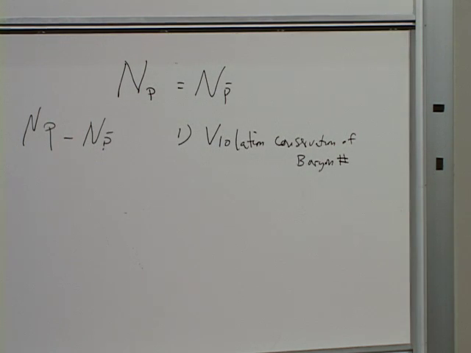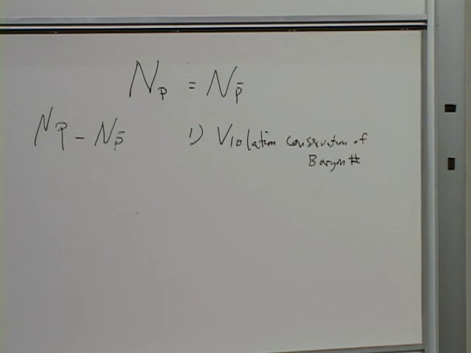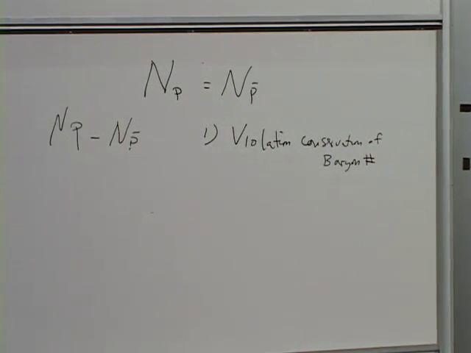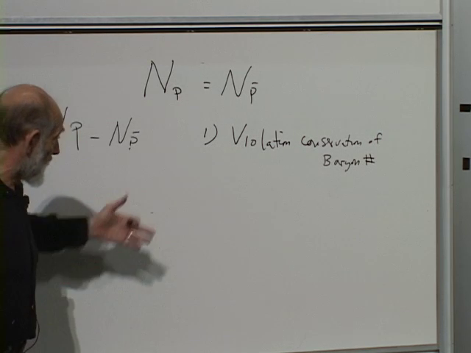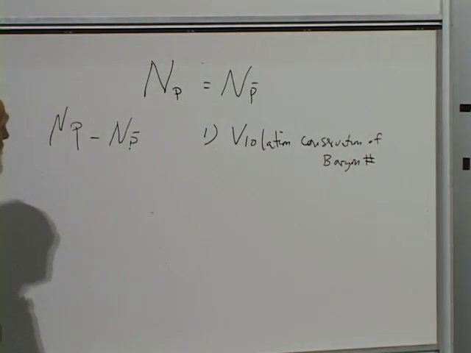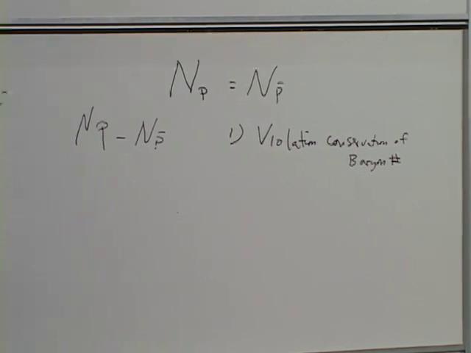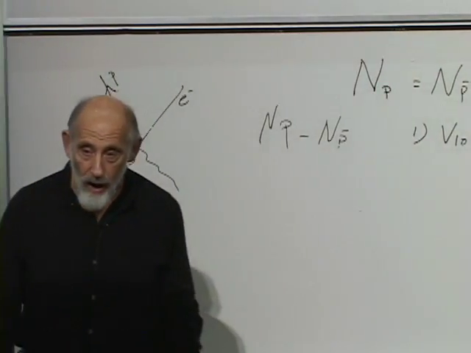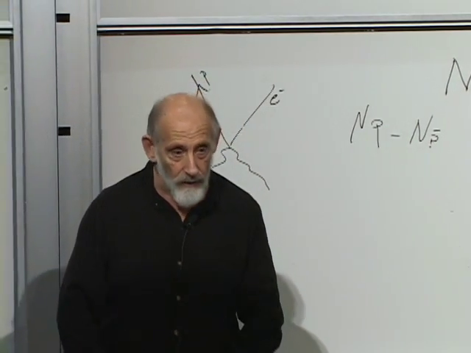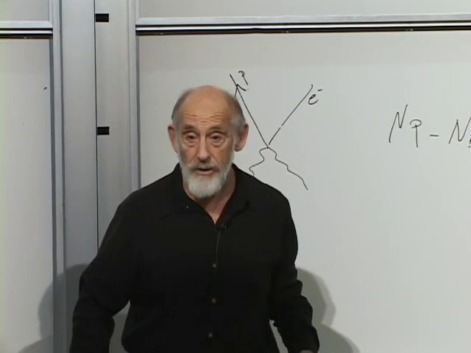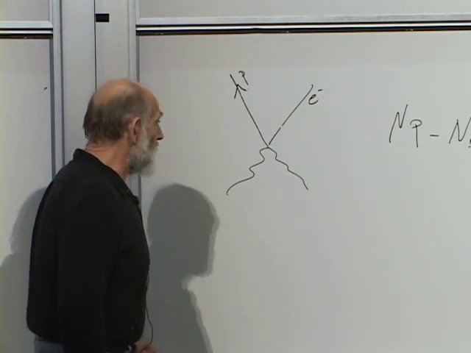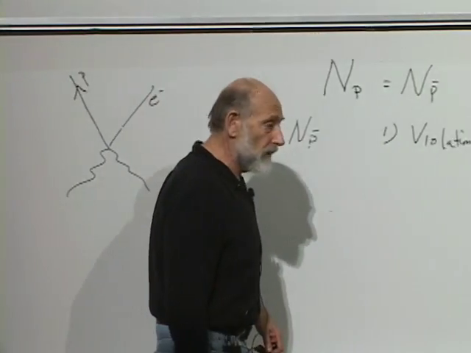I'm writing down the three conditions that Sakharov himself wrote down and that Dimopoulos and I discovered independently, and about which there is almost complete consensus. That's number one, that the laws of physics must allow processes such as this, where a pair of photons can come together and make a proton and an electron. It would require a new set of interactions, a new set of phenomena, which can only happen at energies so high that we haven't yet seen them in accelerators. So that's number one, violation of the conservation of baryon number.